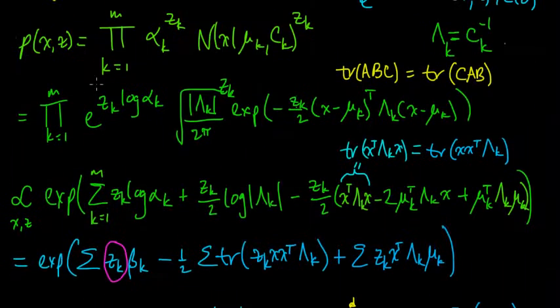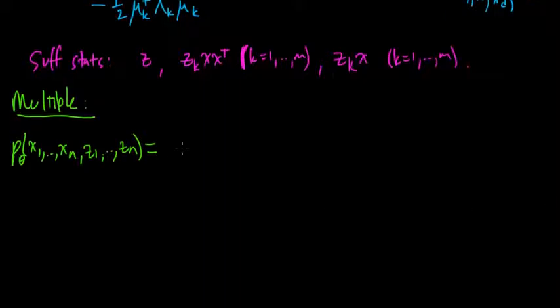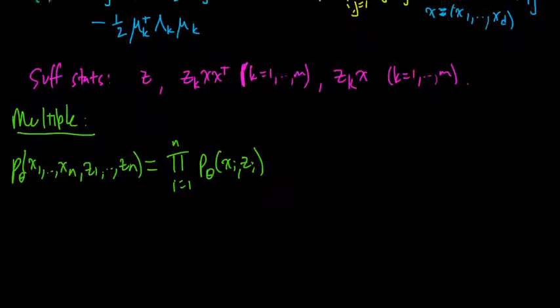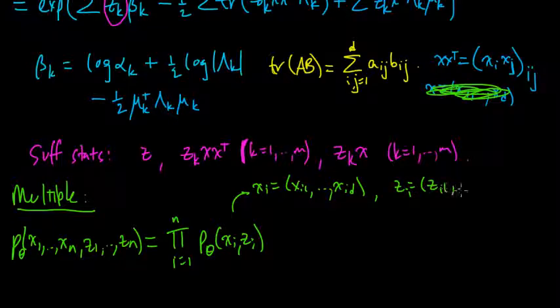It is the product as i goes from 1 to n, just by independence. Now each of these xi is a vector, xi1 up to xid, and zi is a vector, zi1 up to zim.